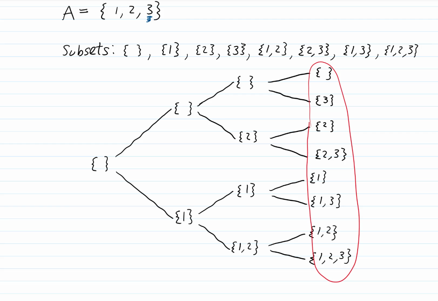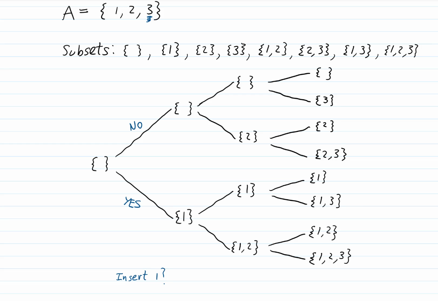Okay? So if I do it that systematic way, then I can find a pattern here. You see, I asked 3 questions, starting with the subset. Should I insert the number 1? And there were 2 possibilities, yes and no. And then I asked another question.